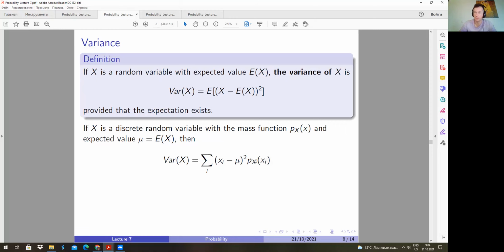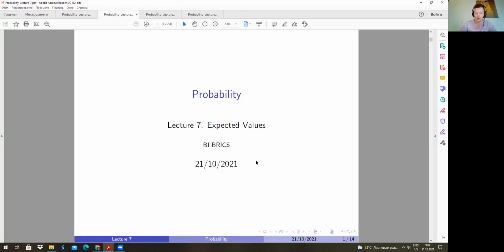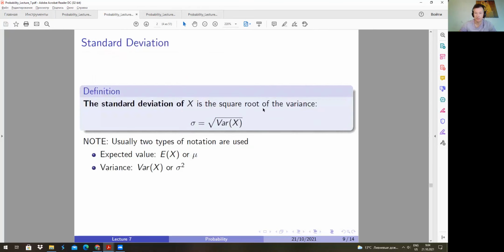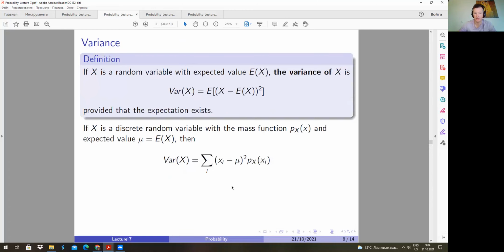It's not that difficult, you just need to see the similarity. We started with the definition of expected value, where I took x's and multiplied them by the respective probabilities. Now, instead of x's, I have these objects, x minus mu squared, and I multiply them by the same probabilities. These are also numbers.